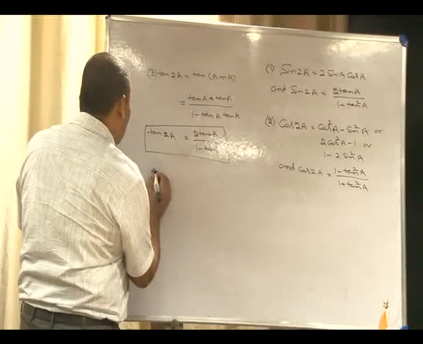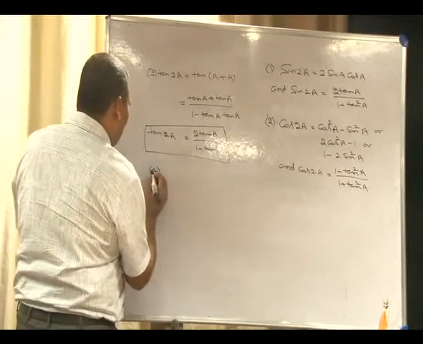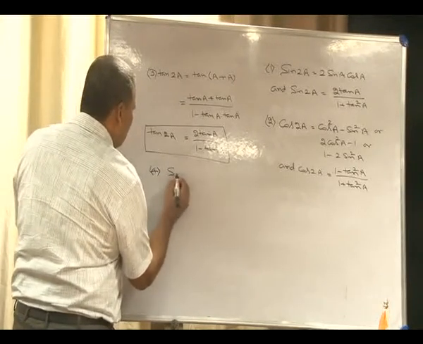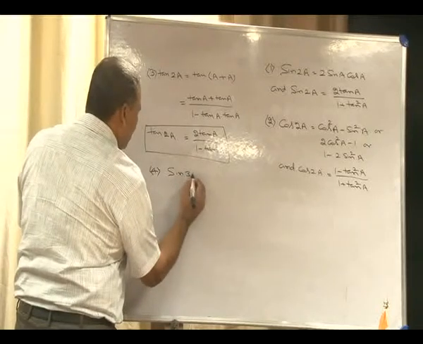Next, in multiple angles, the remaining formulas are sin 3A. 2A and 3A are the multiple angles.